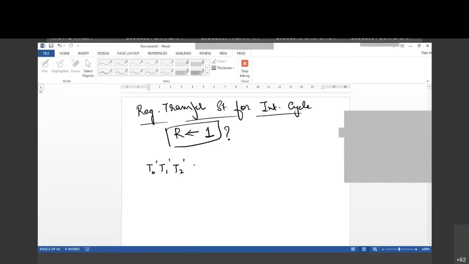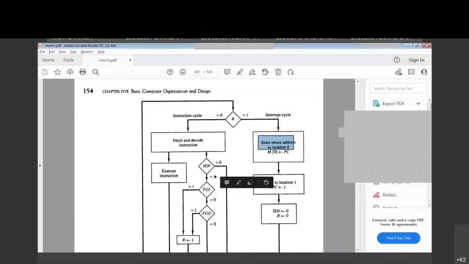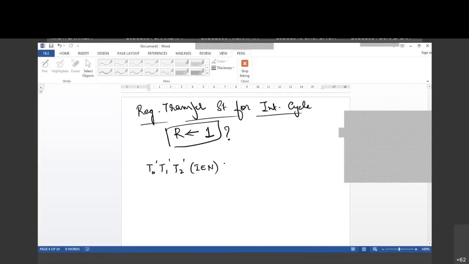Then interrupt flag is on, IEN is 1. Okay, look at our flow chart. IEN should be 1. And either of FGI or FGO is 1. In our control function, do you remember this plus indicates what? OR operation. In control function, when I want to indicate OR, I'll be using plus symbol.